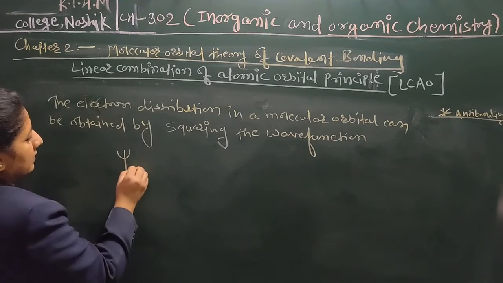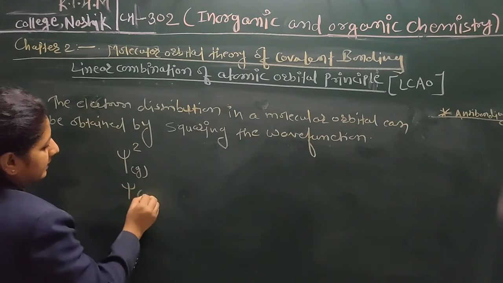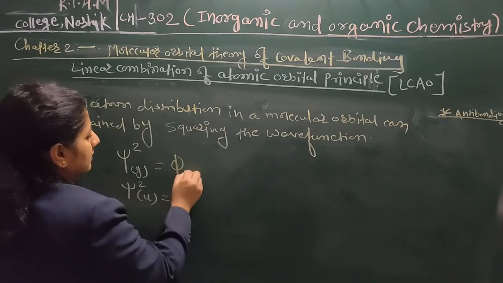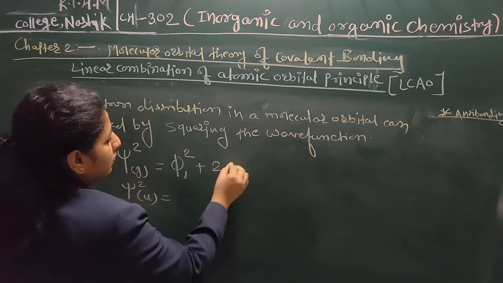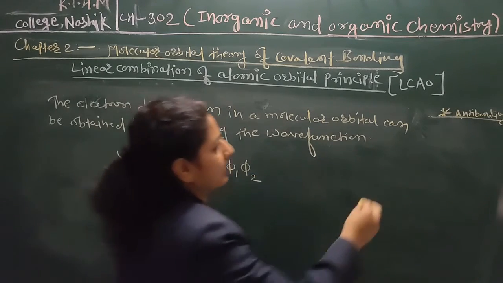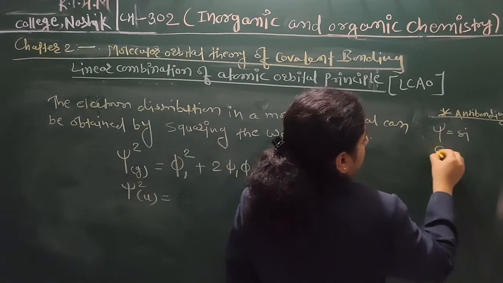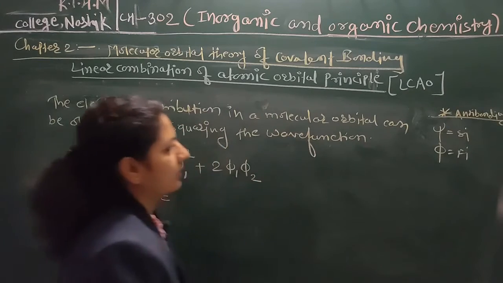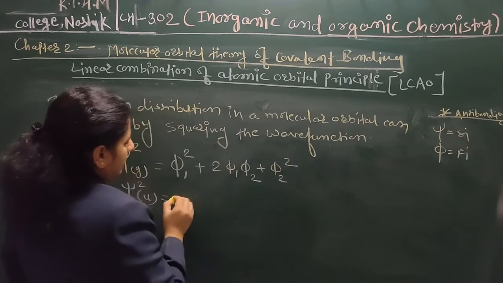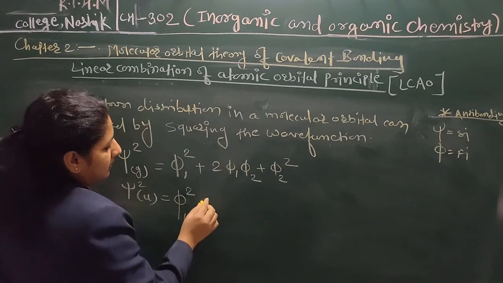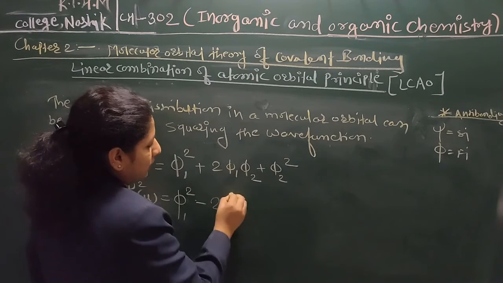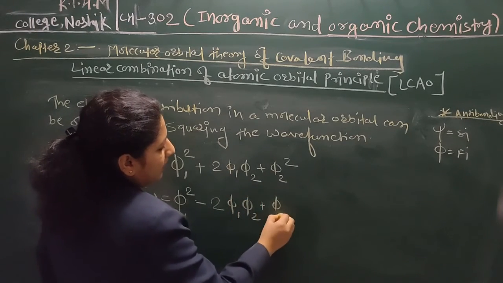So if we take the psi gerade and psi ungerade equations and square them, we get phi 1 squared plus 2 phi 1 phi 2 plus phi 2 squared, and likewise phi 1 squared minus 2 phi 1 phi 2 plus phi 2 squared.